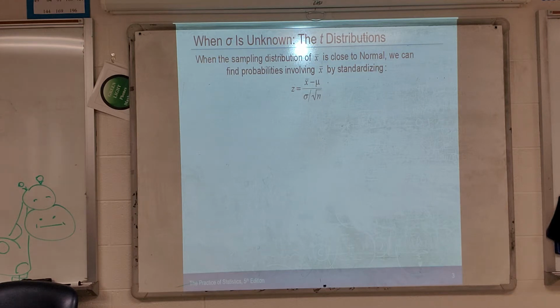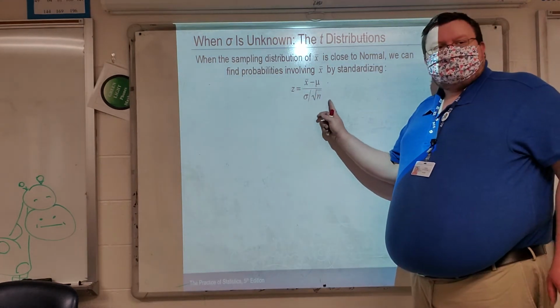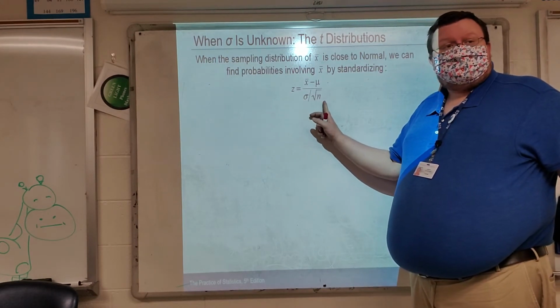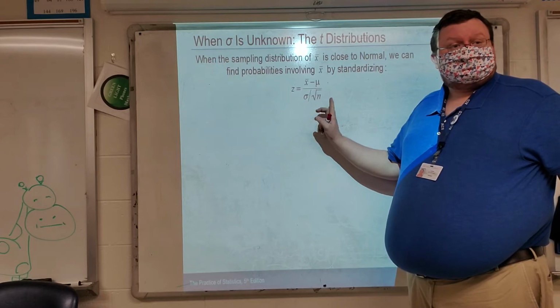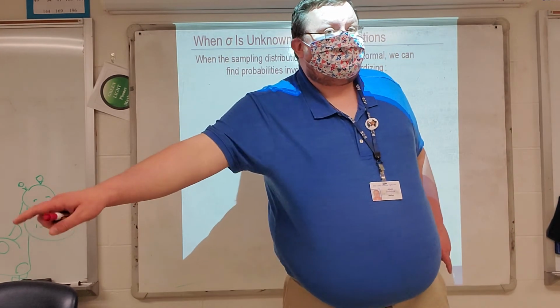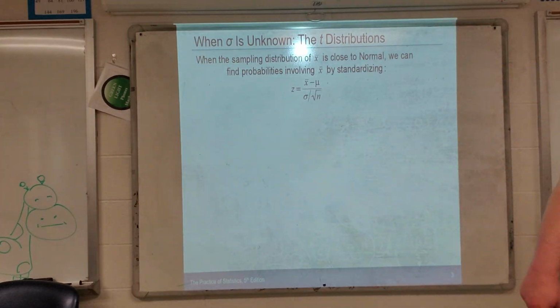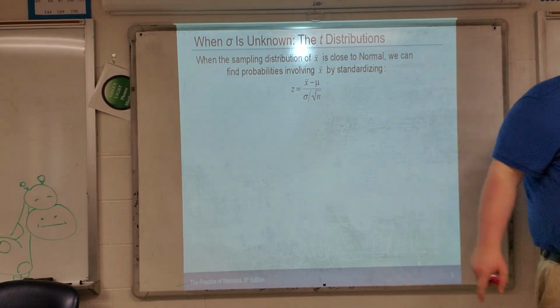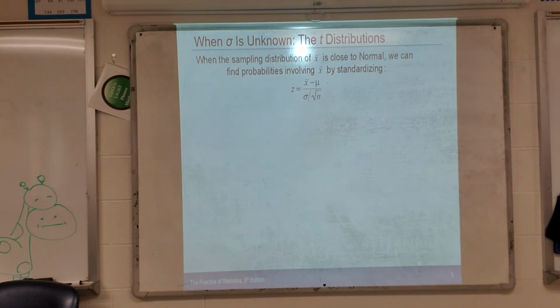Because recall that the standard deviation of the sampling distribution of a sample mean was this. It was your population standard deviation divided by the square root of the sample size. Okay, that's on your formula sheet for the sampling distribution of a mean. That's the standard deviation for that sampling distribution of a sample mean, okay? That's where that comes from.